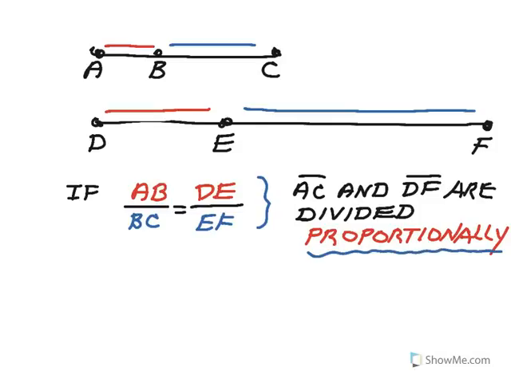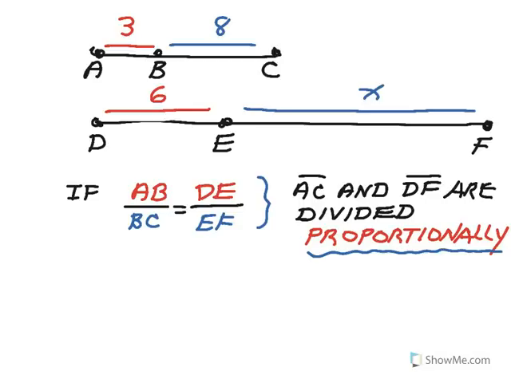So let's put in some numbers. Let's say AB is 3 and DE is 6, and let's say that BC is 8, and we don't know what EF is, so we could write a simple proportion to figure that out.